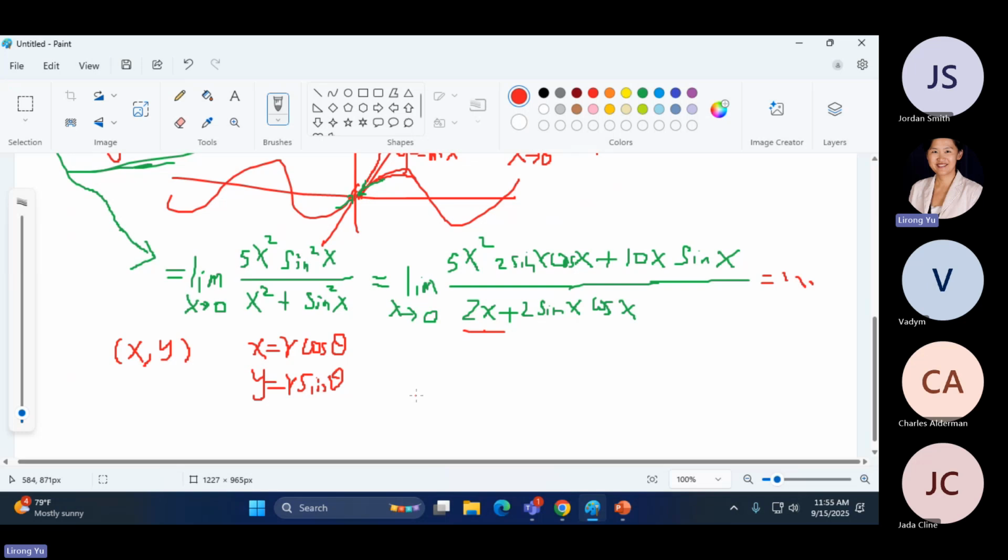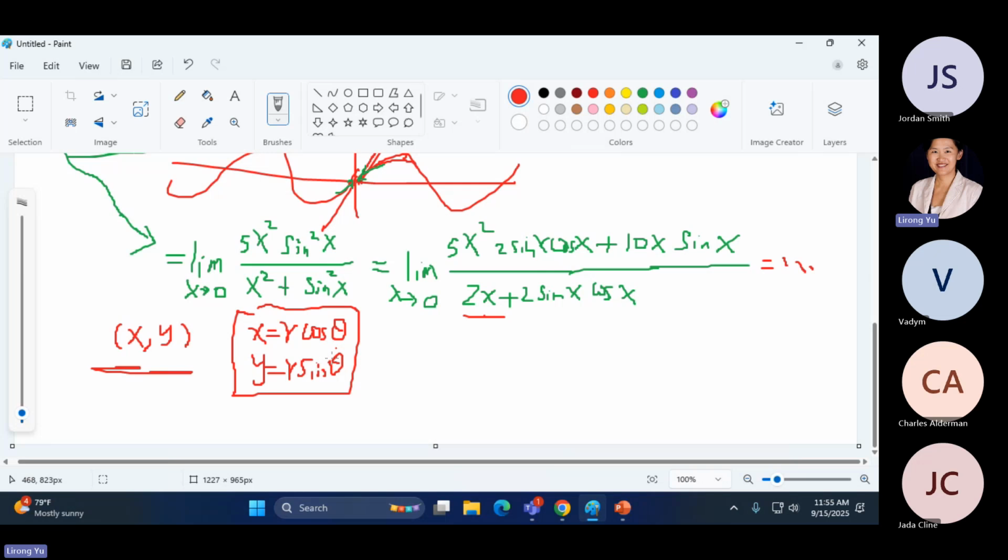So the whole idea of having the variable change is that we can isolate the variable that we work with. Instead of worrying about both variables, you can focus on a single variable. And if your limit only depends on a single number, it doesn't depend on theta, then we have a limit.